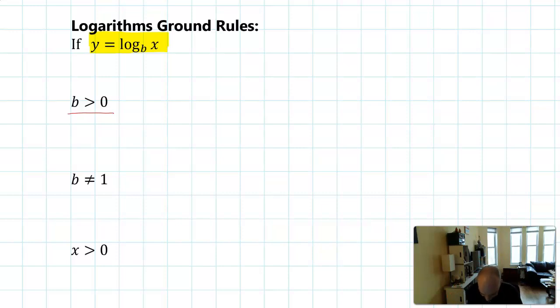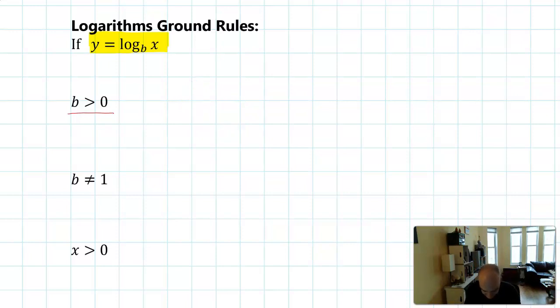And the reason is that if you translate this to b to the y equals x, thinking about an exponential function, well, we have the same rule for exponential functions, base greater than 0. If we have a negative base in an exponential function, we end up alternating between positive and negative and have weird things going on, and it's the same for a log. So no bases less than 0. If you see that, it's your non-logical statement. It's not going to happen. It's not going to work.